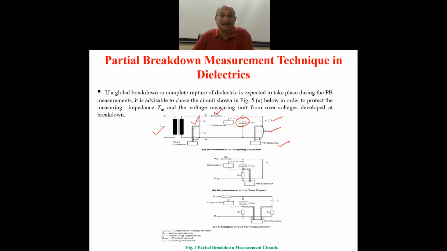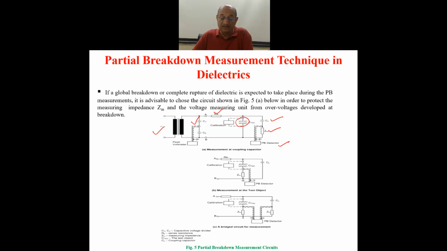So in case the dielectric fails during the measurement, no excessive current should be drawn from the test transformers, because these test transformers are designed for very, very low current. This particular one is for 1 ampere. So to limit the short circuit current, series resistance can be used there.